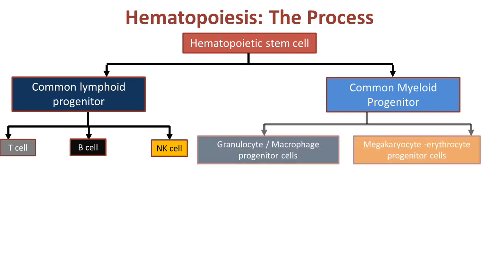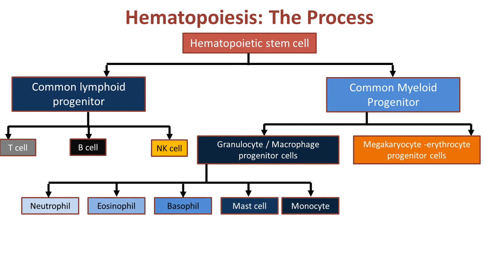On the other hand, the myeloid progenitor lineage will give us granulocyte macrophage progenitor cells, and another lineage is the megakaryocyte erythrocyte progenitor cells. The granulocyte macrophage progenitor cells will give us the neutrophil, eosinophil, basophil, mast cells, and the monocyte. Remember, the monocyte is present in blood, but during a local injury, the monocyte enters into the tissues, and after entering into tissues, the monocyte differentiates into macrophage.